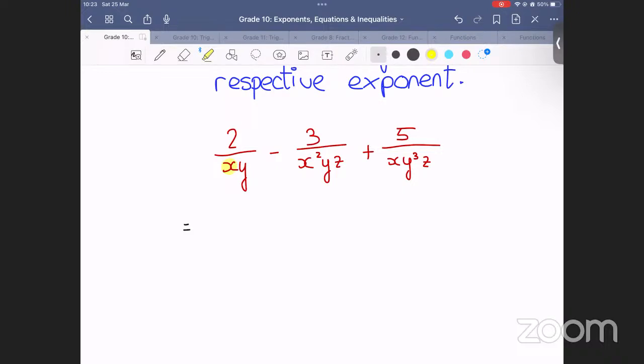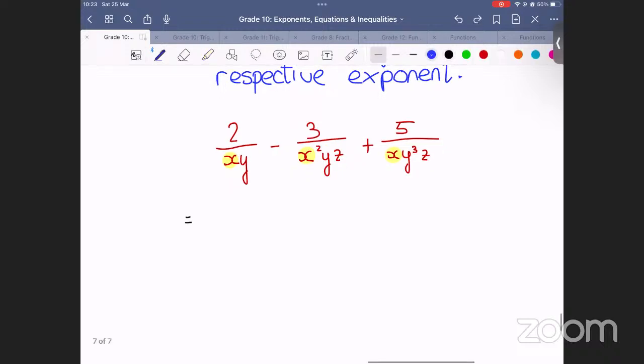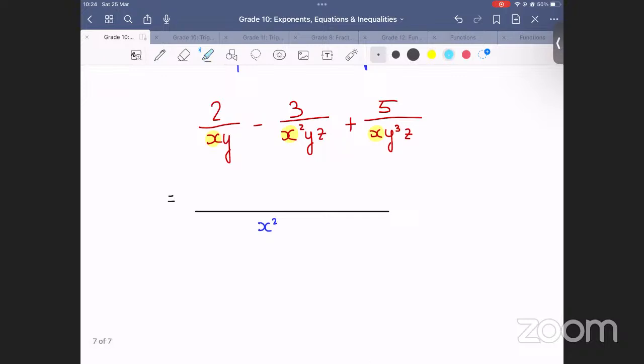So if we consider x, between the 3 that appear, what's its highest exponent? Its highest exponent is 2. So what are we going to choose for x in our lowest common denominator? We are going to choose x squared. Then we consider our other variable, which is y.